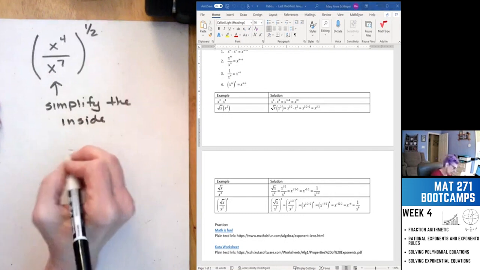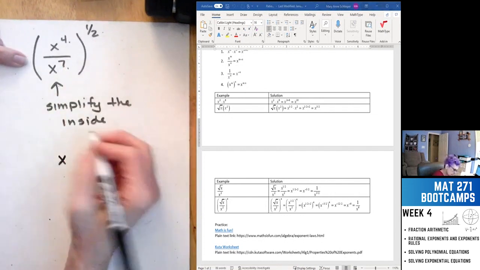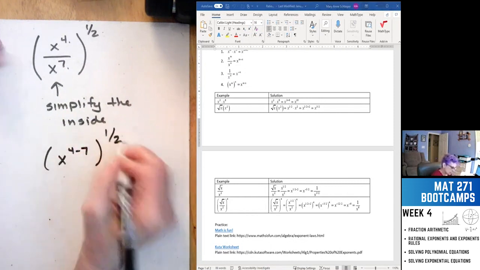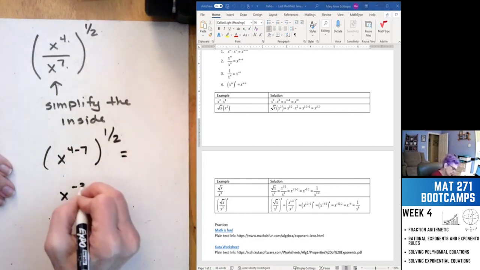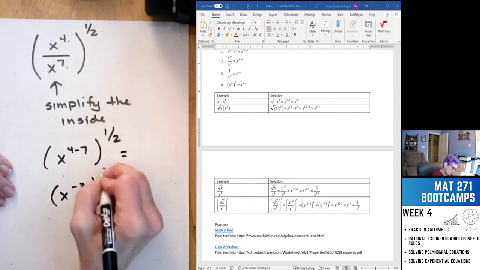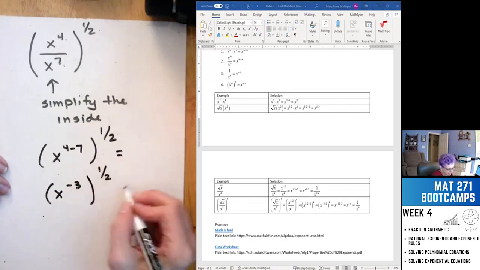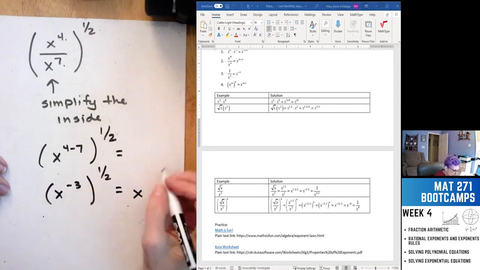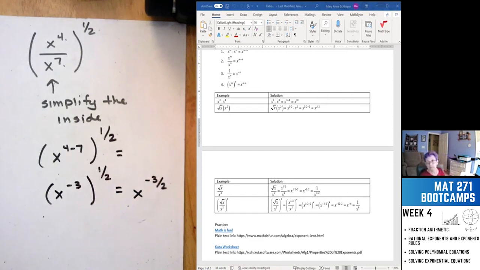So I would start with 4 minus 7. So x to the 4 minus 7 to the 1/2. So that would be x to the negative 3 to the 1/2. And then you just multiply. Negative 3 times 1/2 is negative 3/2.